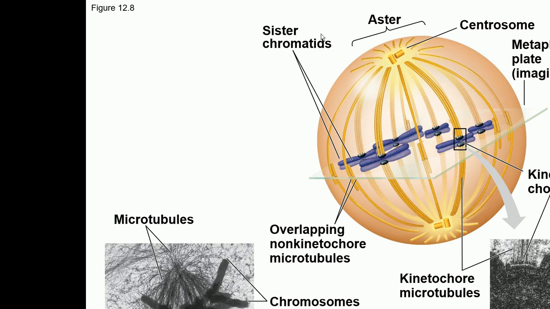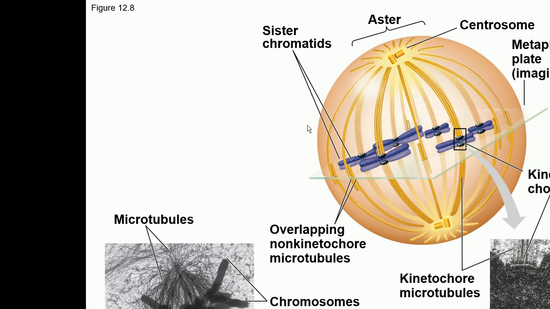And from the centrosomes arise the microtubules, because the centrosome is called the microtubule organizing center. You can see all the microtubules are originating from the centrosomes. Okay, and these are the duplicated chromosomes.